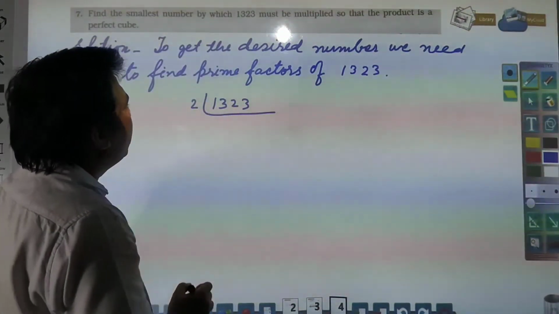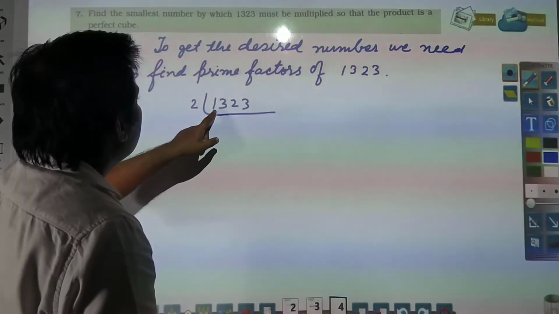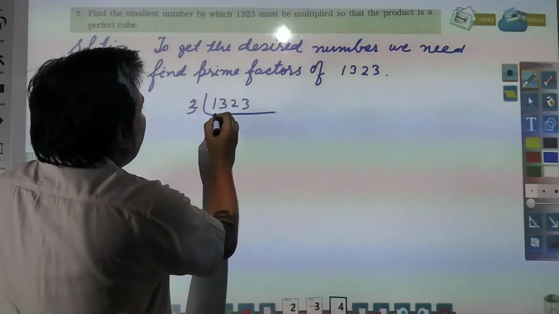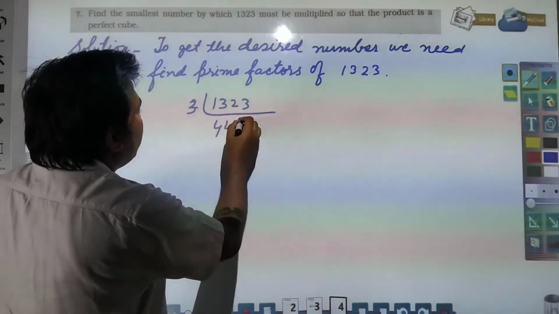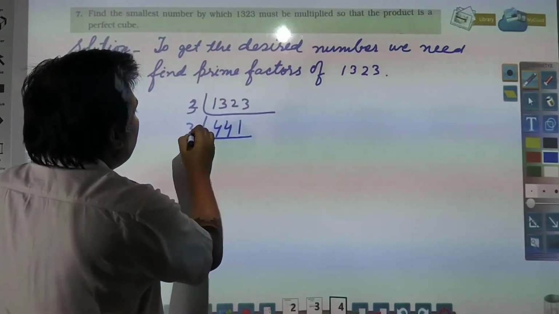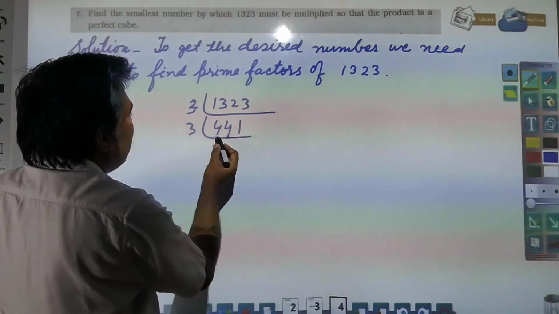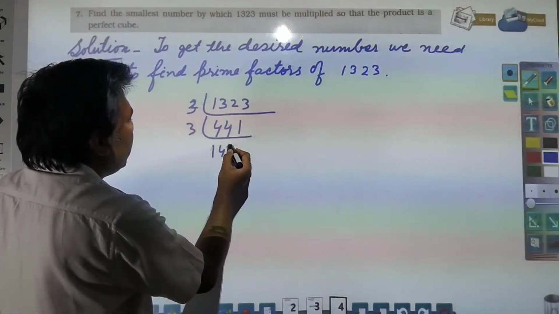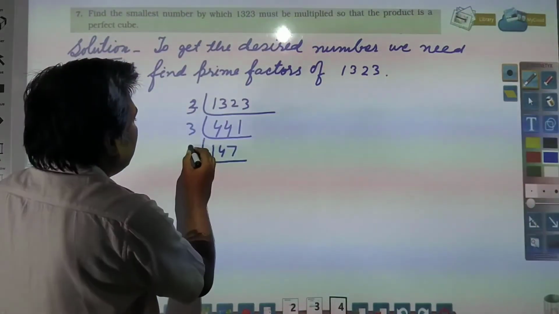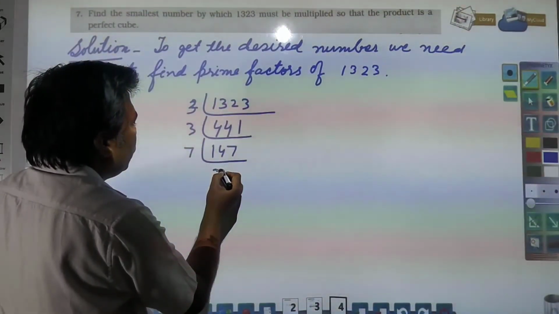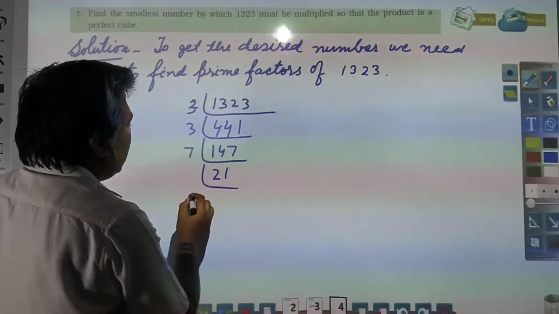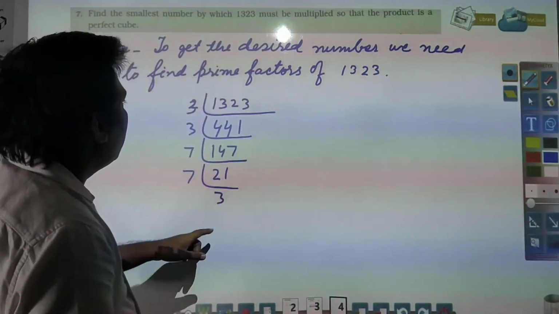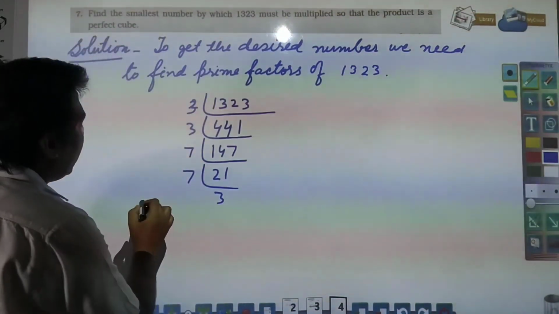This will be divided by 3. 3 fours are 12, 3 ones are 3, then 3 ones are 3, 3 fours are 12, and 3 sevens are 21, 7 twos are 14, 7 ones are 7, and then you have 7, 3 sevens are 21.